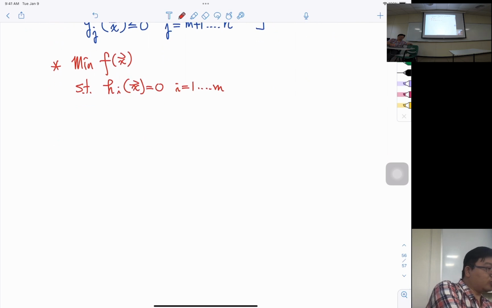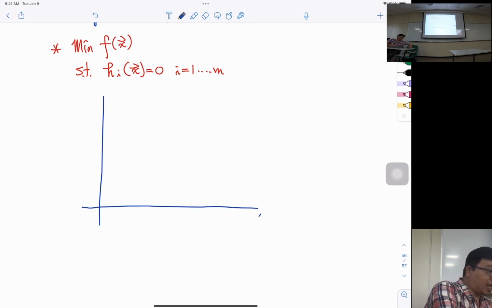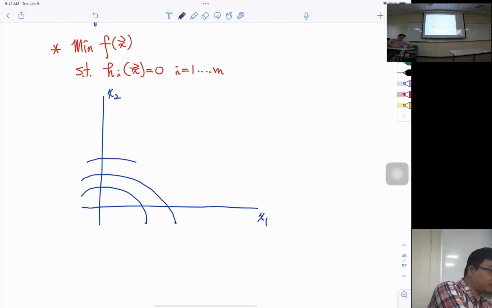In order to derive one equation that I'm going to talk about, we can draw a graph to indicate a specific example. So let's say there is a two-dimensional problem, and let's say I have the contour of the objective function, for example, something like this.